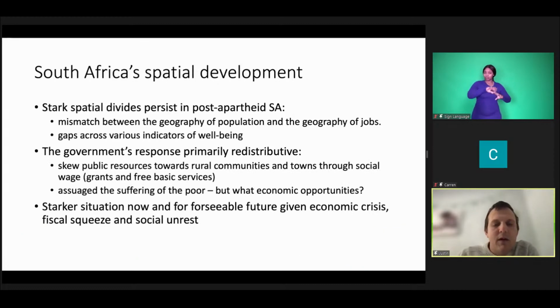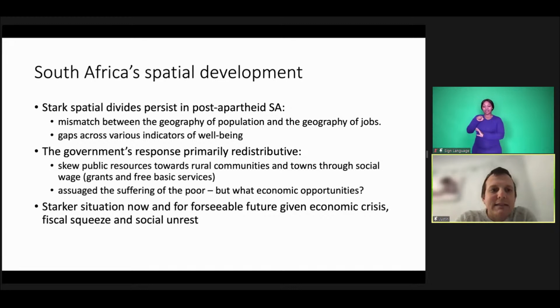So in terms of the general context, South Africa during apartheid put in place various forms of spatial policy that exacerbated and amplified these divides between different parts of the country, particularly between the former Bantustans and metropolitan areas.